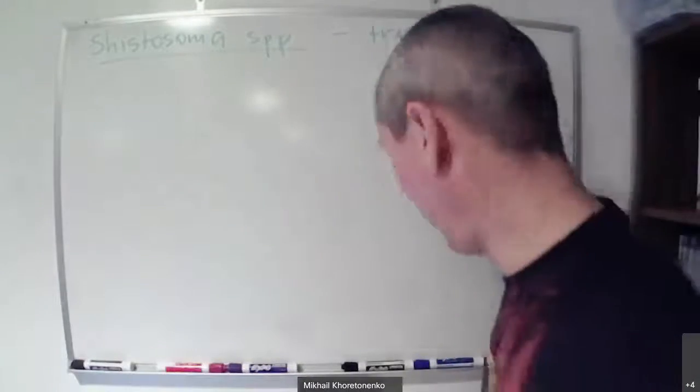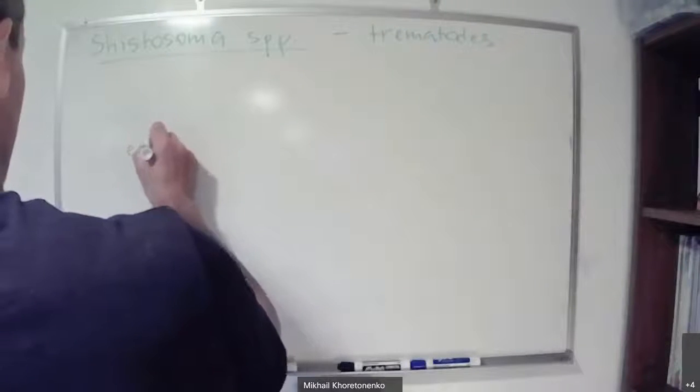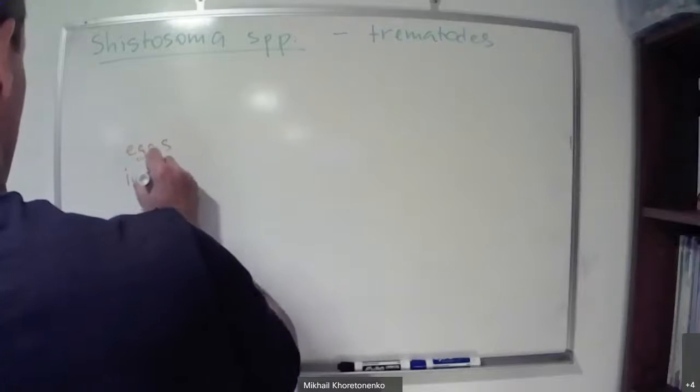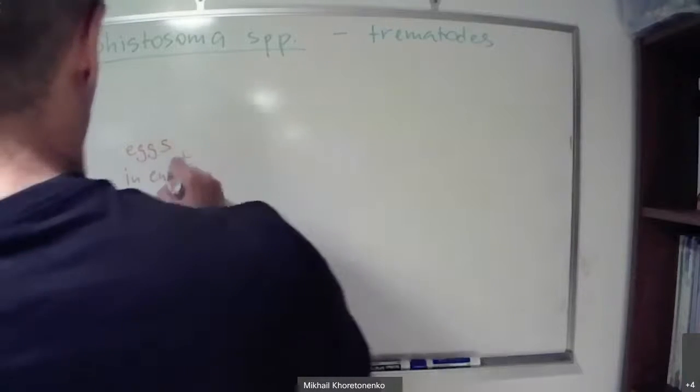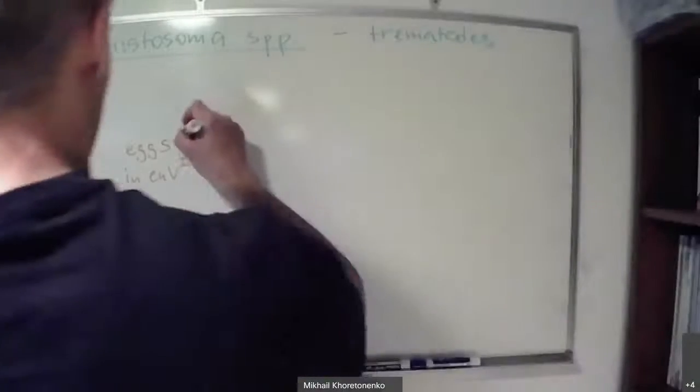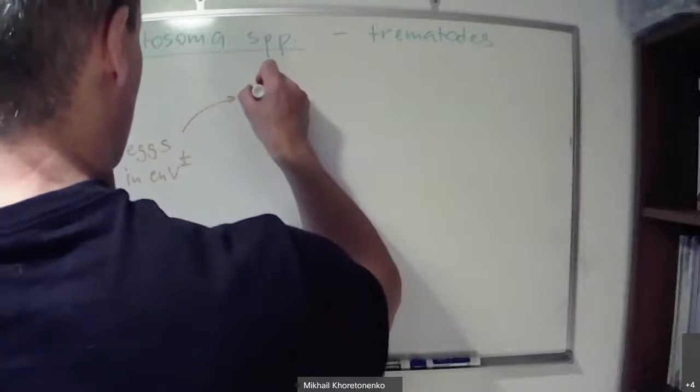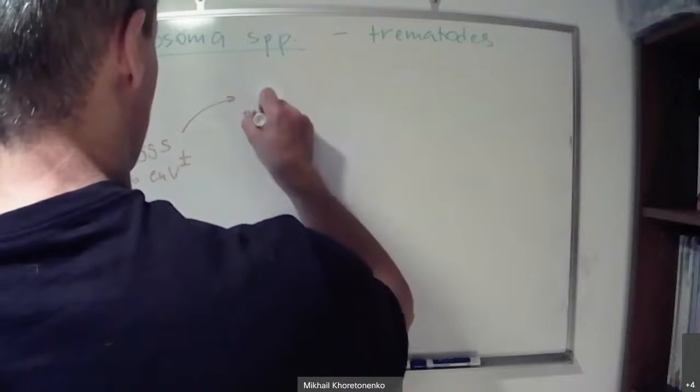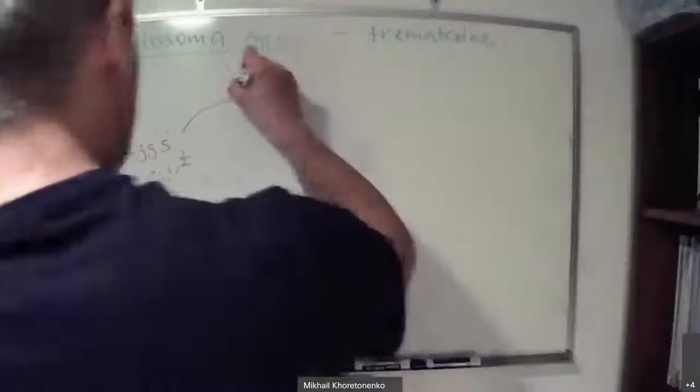And here's their life cycle for your enjoyment. So it all starts with the eggs in the environment. And then these eggs are picked up by snails, where they develop into larvae.